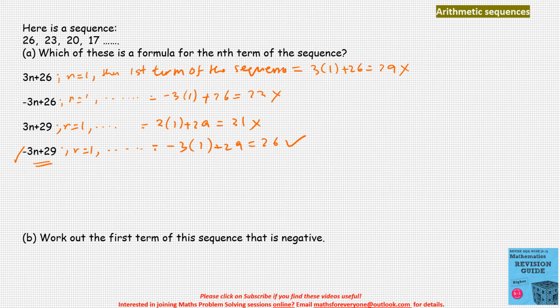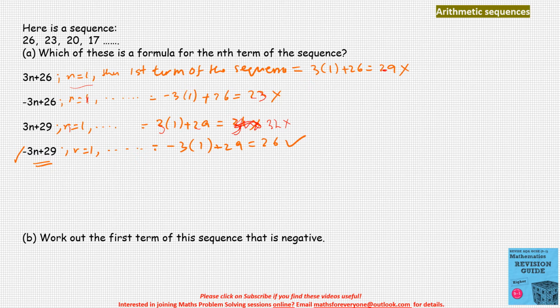So we see that if n equals 1, then the first term of the sequence in this case is 29. Okay, so which is wrong? Again, if you put n equals 1, then the next term is 23, which is wrong. Again, if I do n equals 1, I get 29 plus 3, it's 32, but anyway, that is wrong as well.